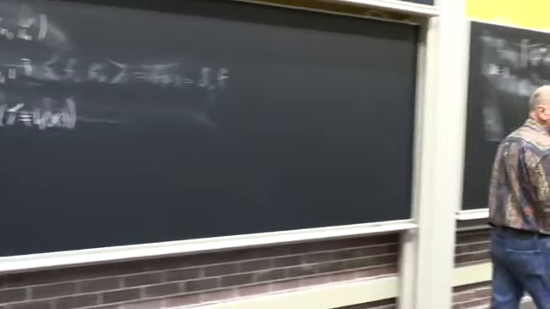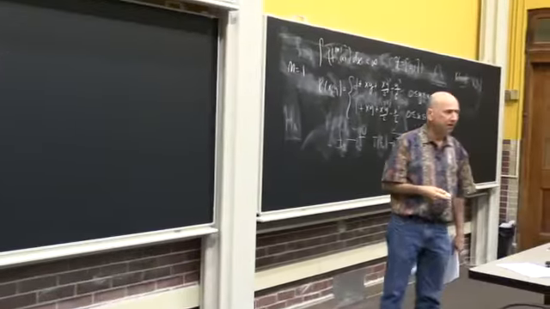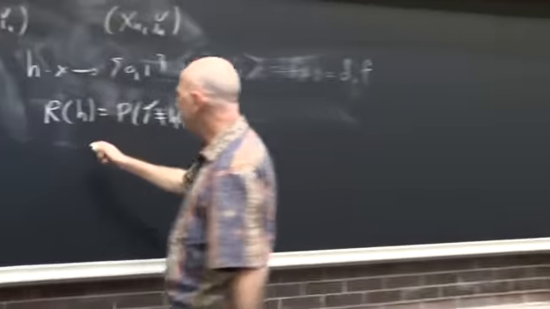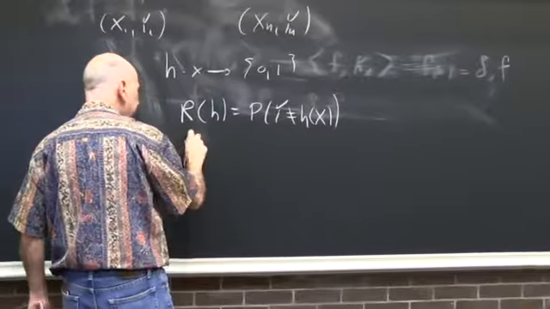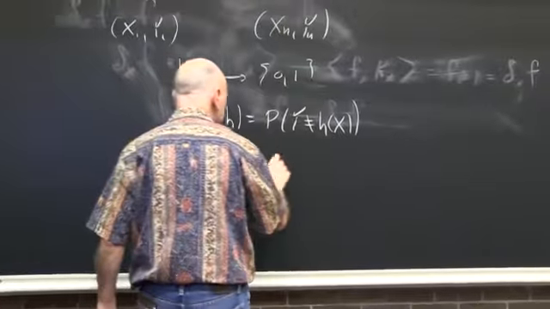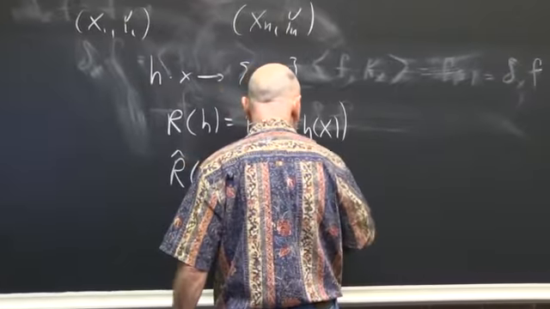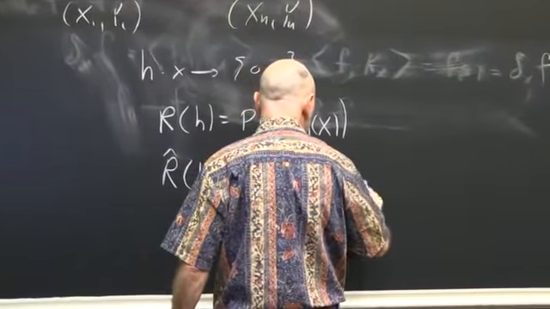Whenever I write that, x and y represent a new pair. Of course, we don't know this because we don't know the distribution, so we usually use the training error, which is just the observed average. That's the indicator function.